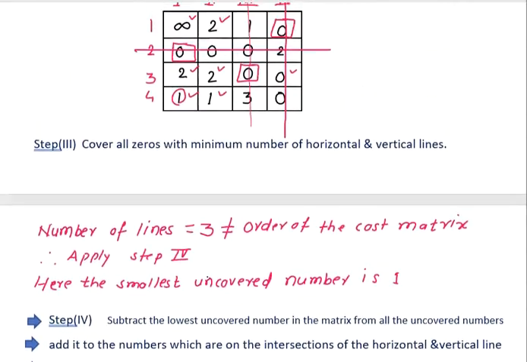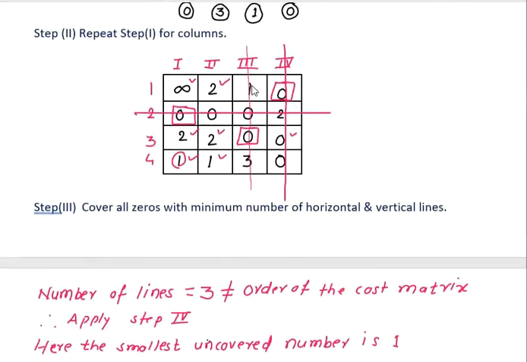Then third column. 0 is on the intersection. We have to add 1 here. Do not change this 1. Add 1 here. So 0 plus 1 is 1. So 1, 1, 0, 3 as it is.